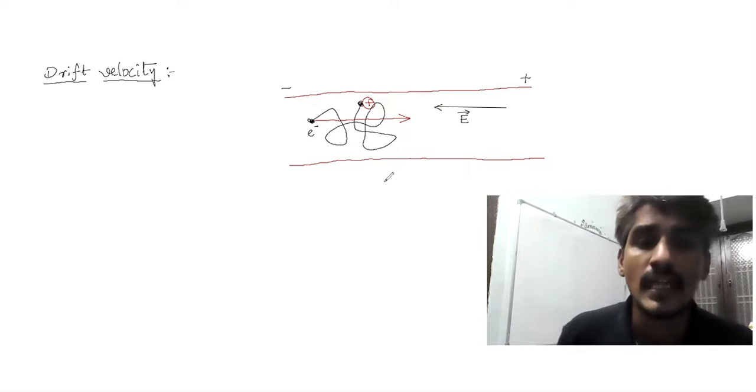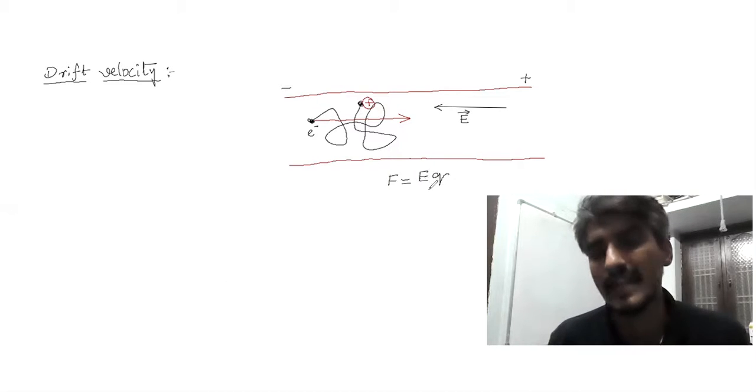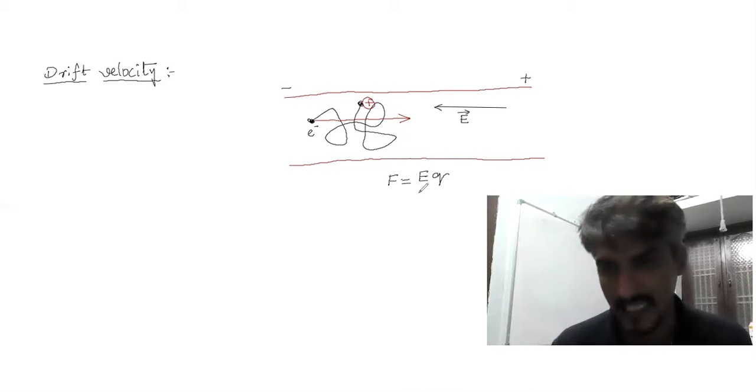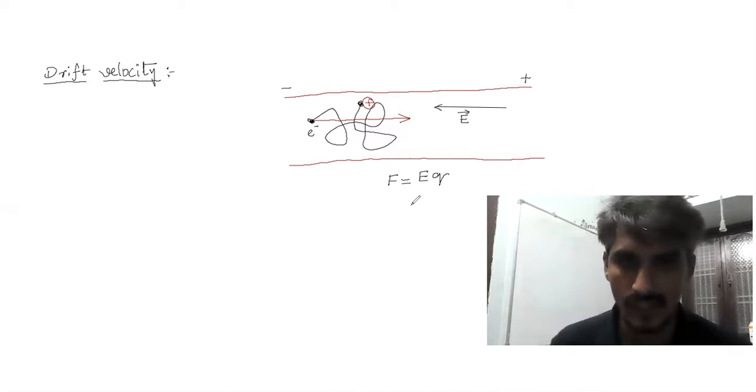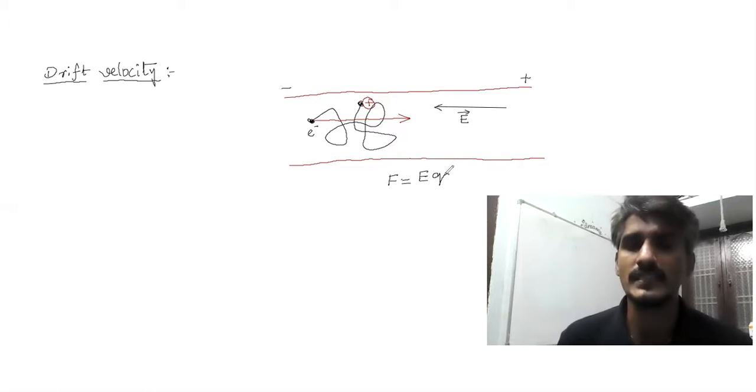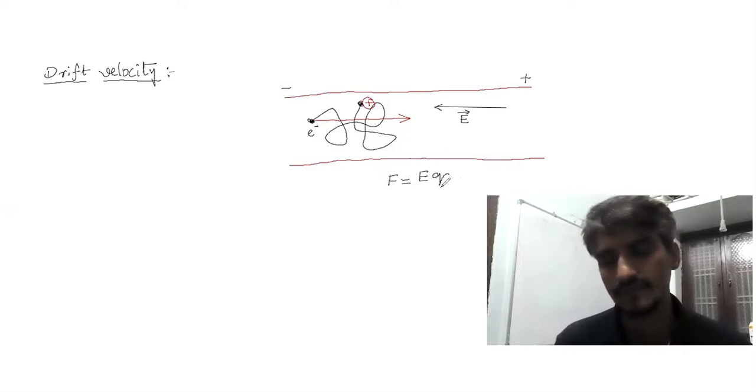A certain force acts on it. What is that force? That force F is equal to EQ, because already in electrostatics we have discussed this electric field. Electric field E is equal to F by Q, the force acting per unit charge. Then what is this force? Force F is equal to EQ.